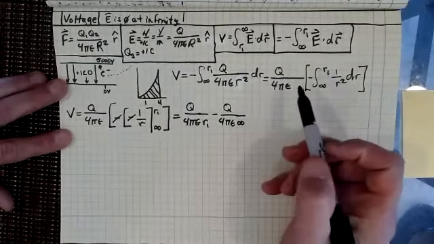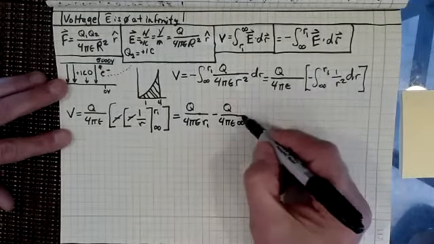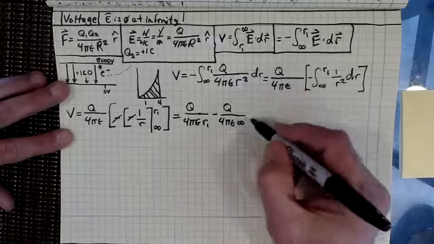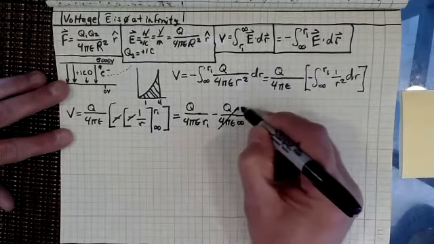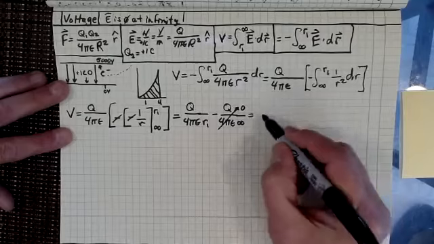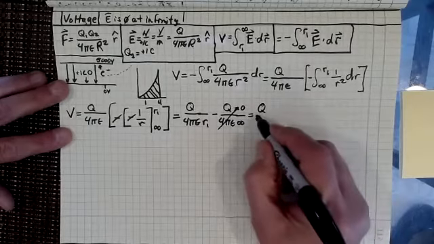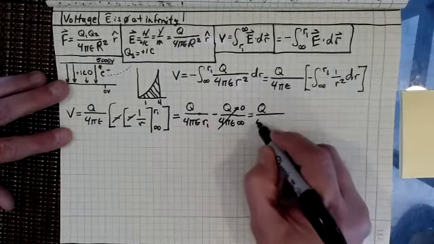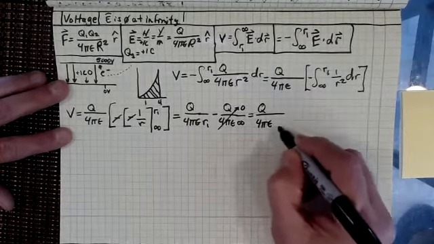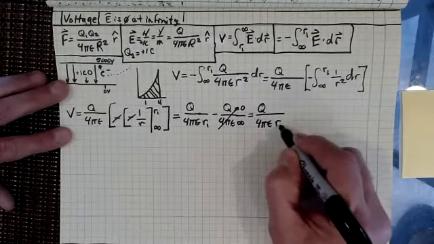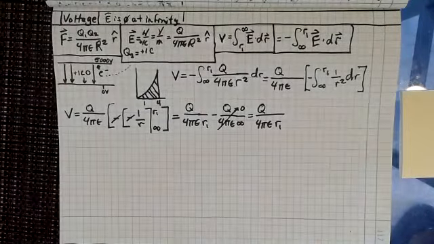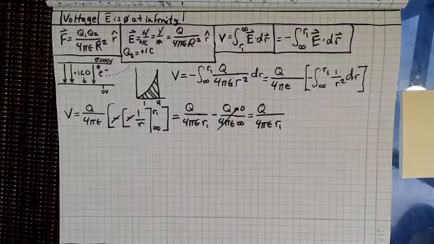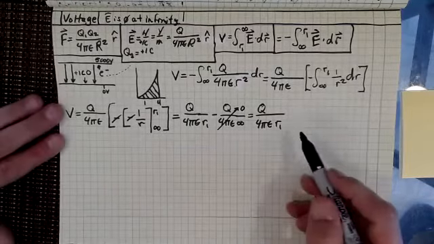And I think everybody can see that infinity in the denominator makes that 0. So that really is 0. It just goes to 0. And then that gives me Q over 4 pi epsilon R1. Okay. And so that would be the voltage at a point charge.